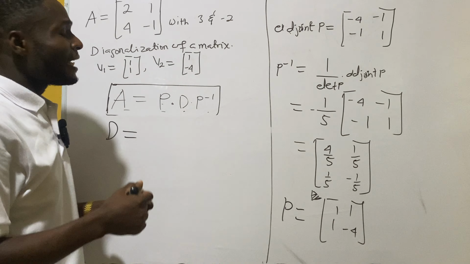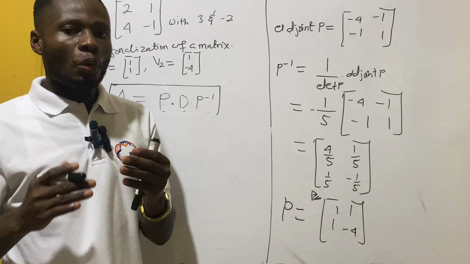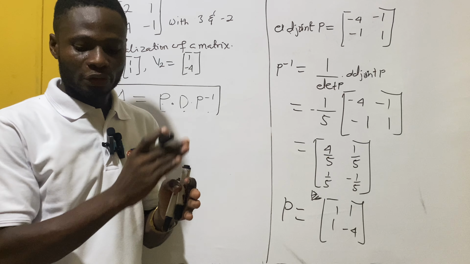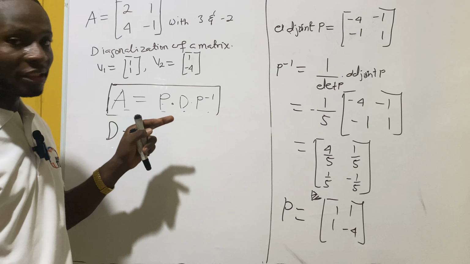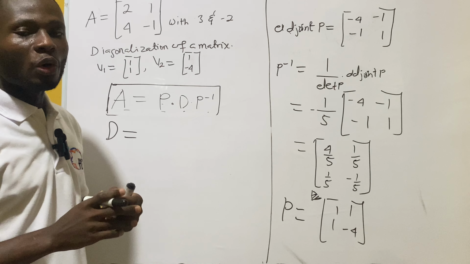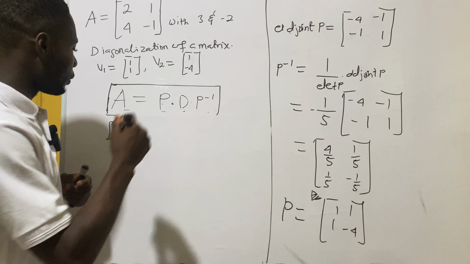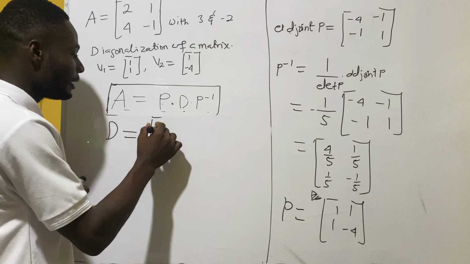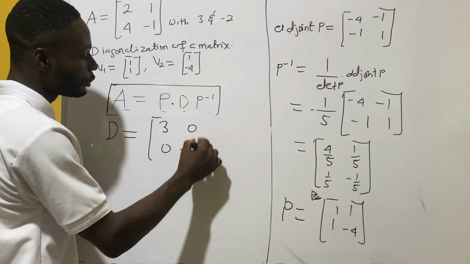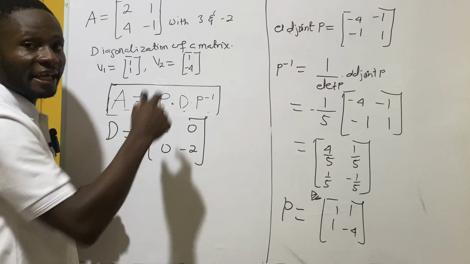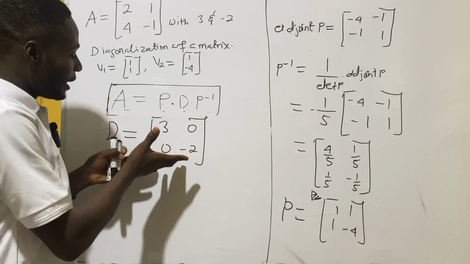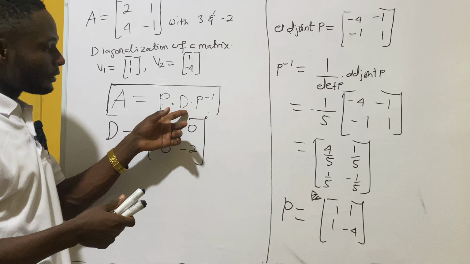The eigenvalues will position themselves on the main diagonal, and the off-diagonal entries will become zeros. So the D is 3, 0, 0, -2, because we have the eigenvalues 3 and -2. So this is the D, right?